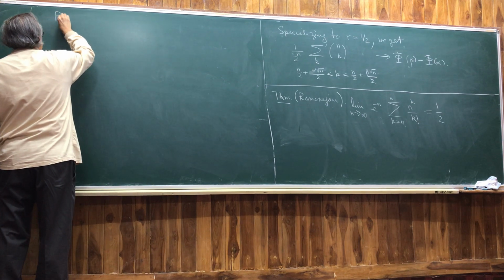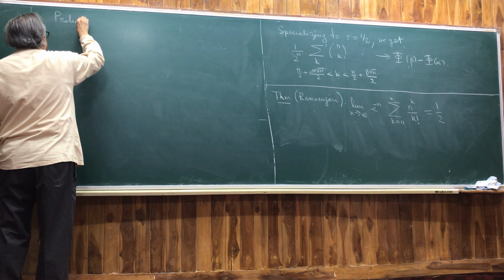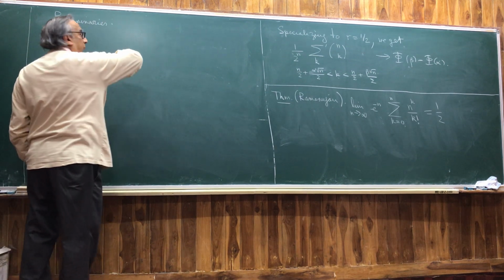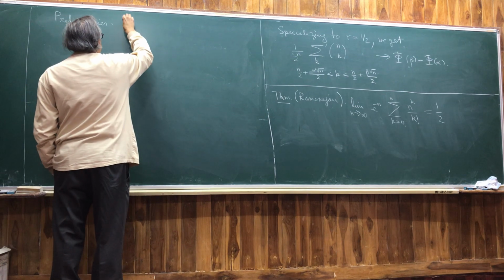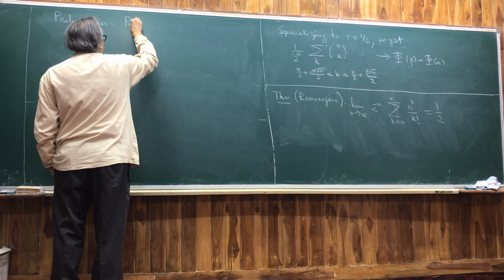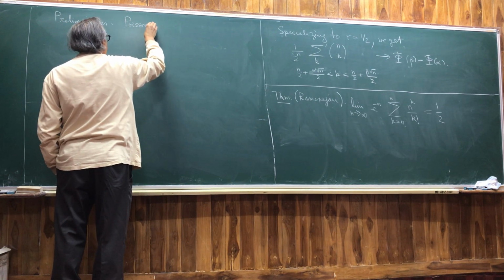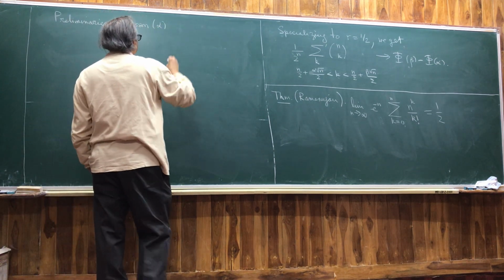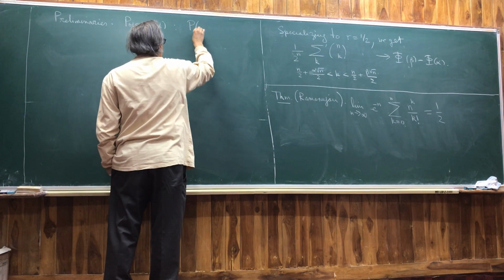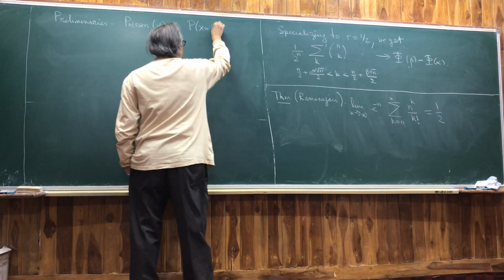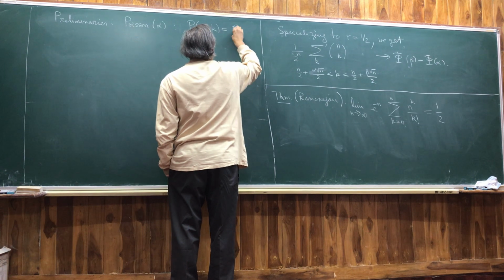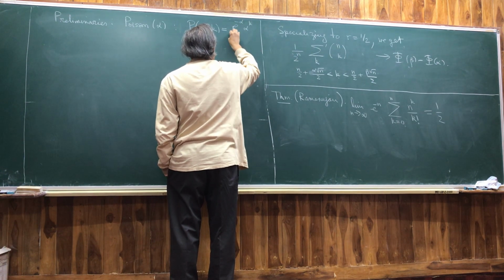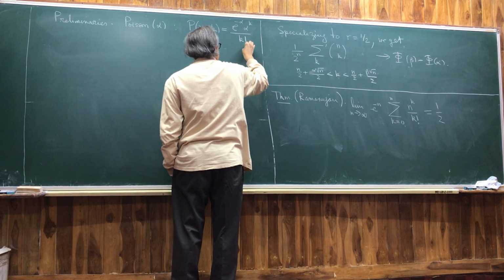Preliminary facts: the Poisson distribution. The probability that X equals k is given by e to the minus alpha, alpha to the k over k factorial.